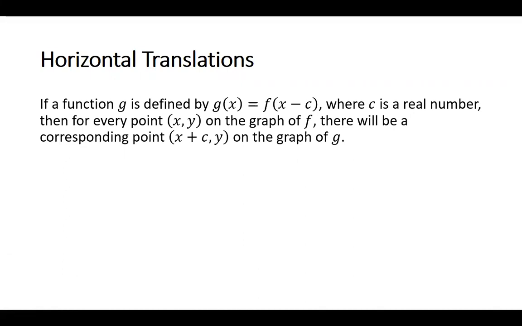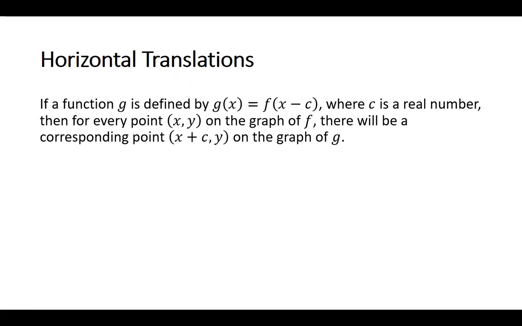You expect that if you go plus some positive value, it's going to move you to the right, but it's not. And it's for the same reason that with horizontal stretching and shrinking, when you multiplied by a number greater than 1, it actually shrunk the graph because it got there faster.